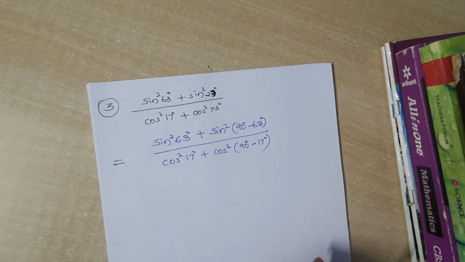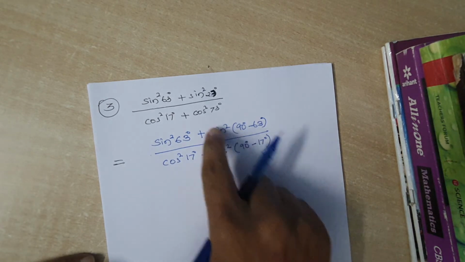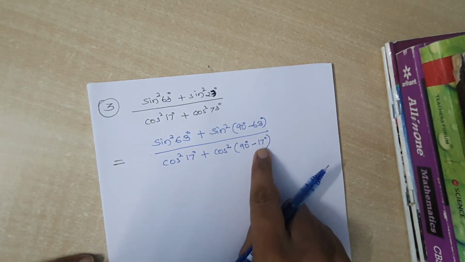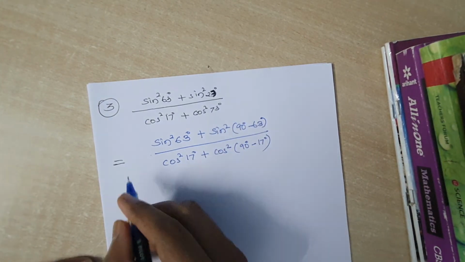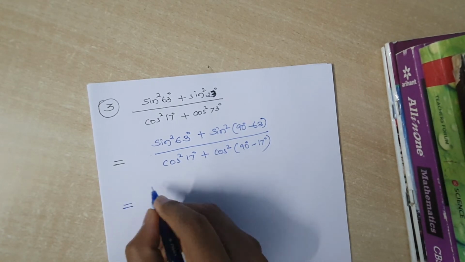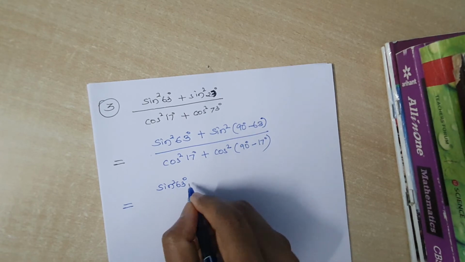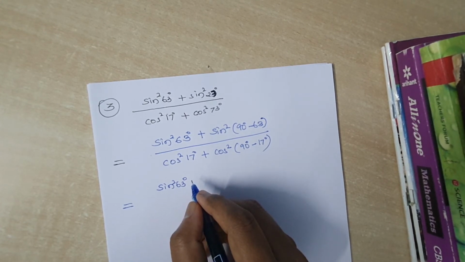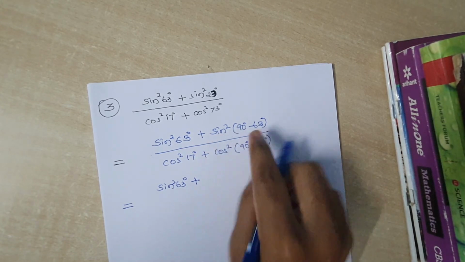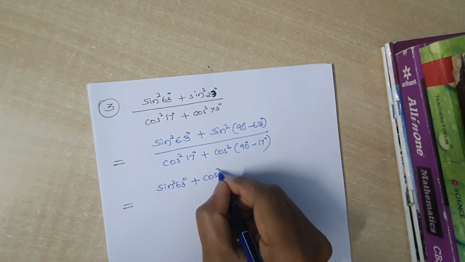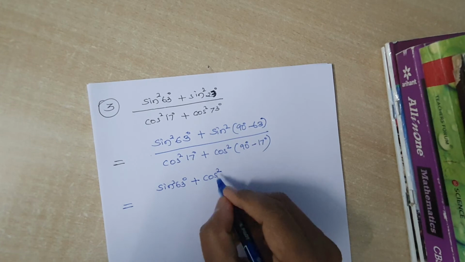So we know the complementary formula: sin 90 minus theta is cos theta, so this will become cos. And cos 90 minus theta is sin theta. This will become cos square theta, where theta is 63.